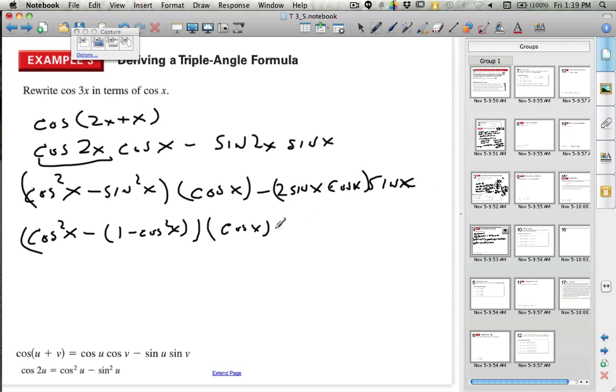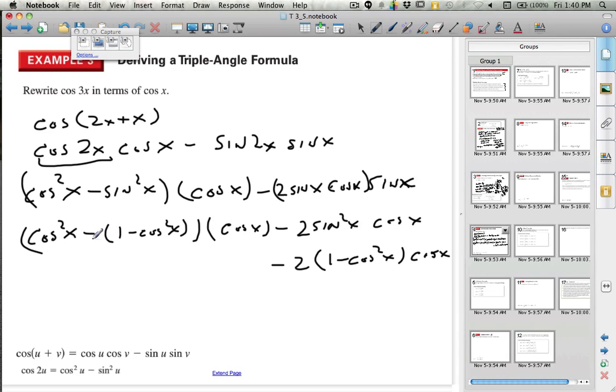And if I go ahead and just multiply in my sine of x, this is going to be 2 times sine squared x times cosine of x. And that's also going to be 1 minus cosine squared x. And if we go ahead and multiply these things across, let's simplify in here.